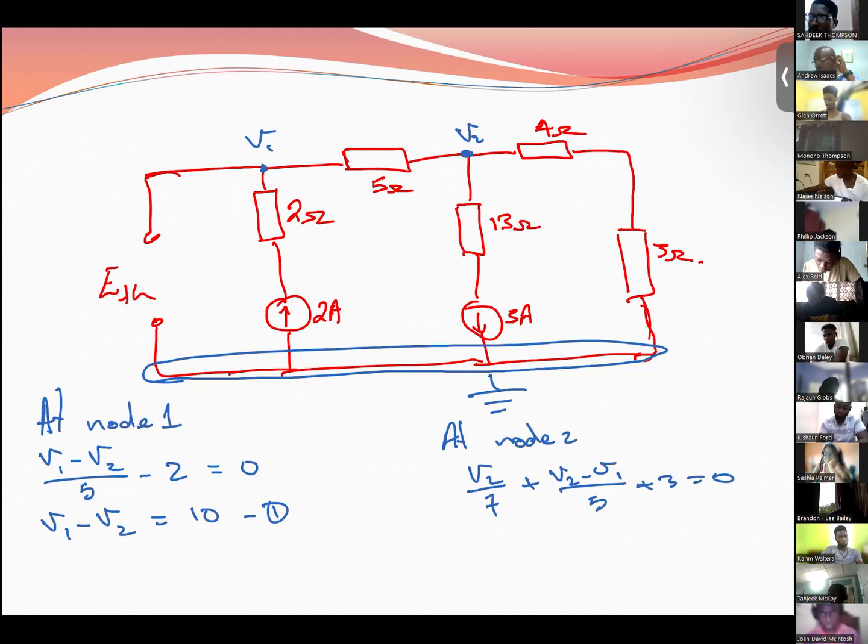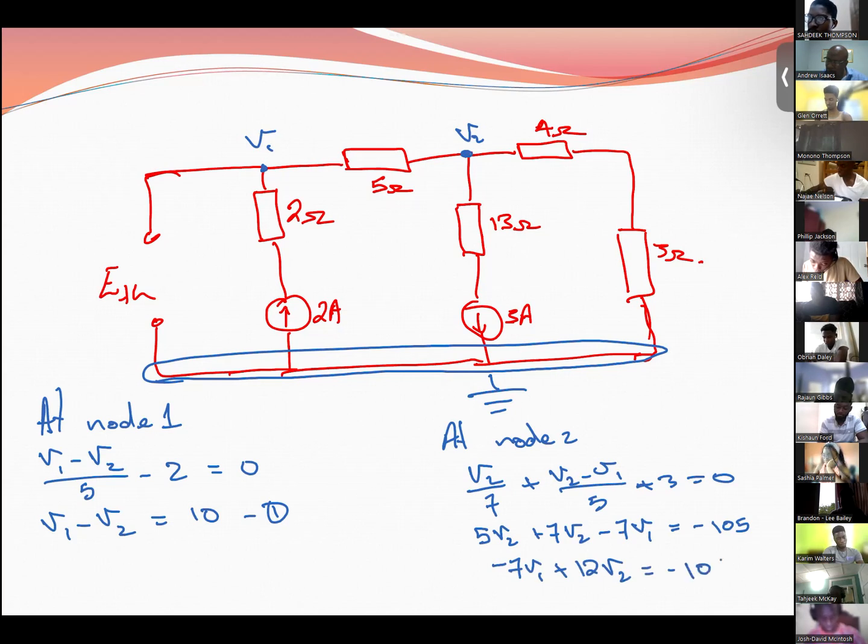All right, so thank you very much, Mr. Reed. We can simplify this. We multiply through by 35. So we get 5v2 plus 7v2 minus 7v1 is equal to minus 105, or minus 7v1 plus 12v2 equal to minus 105. And we solve this for v1.